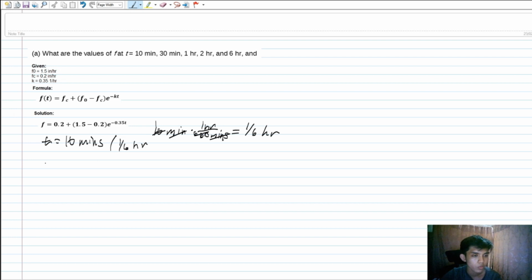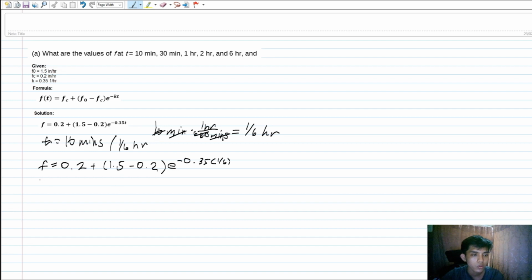And when we compute for the value of f, when t is equal to 1 over 6, we have f is equal to 0.2 plus (1.5 minus 0.2) multiplied by e raised to negative 0.35t, where t is already 1 over 6.